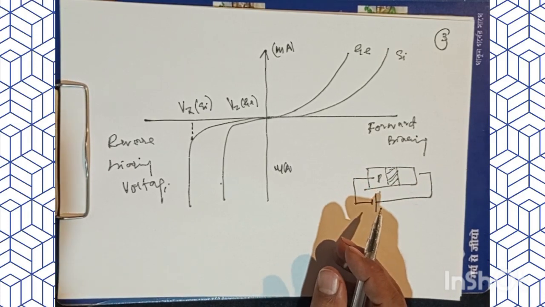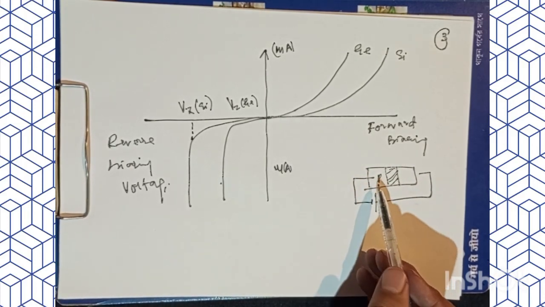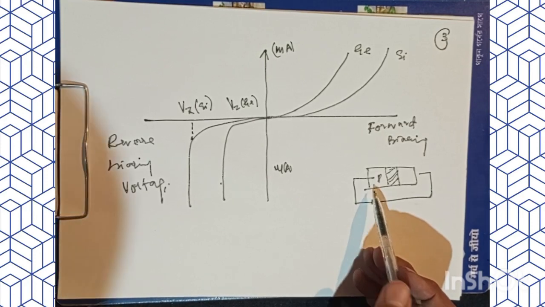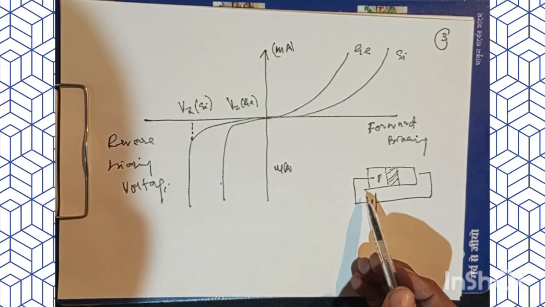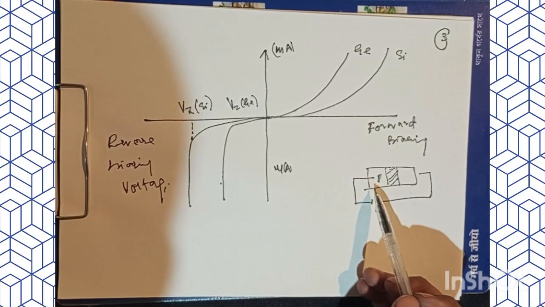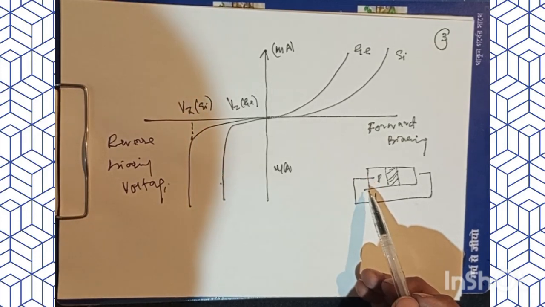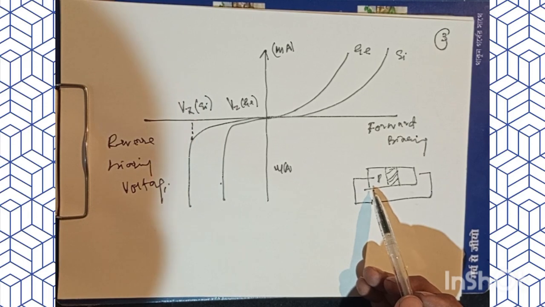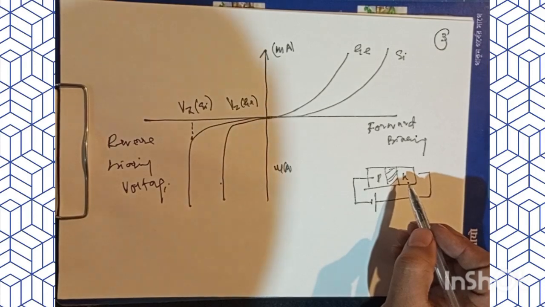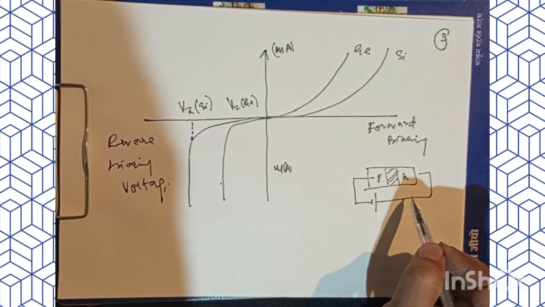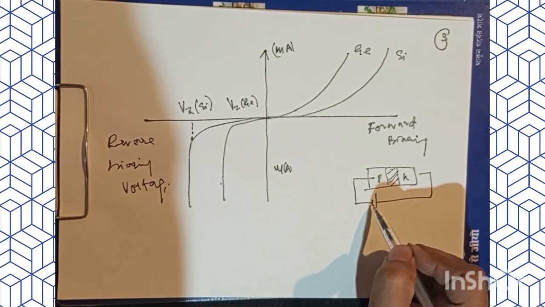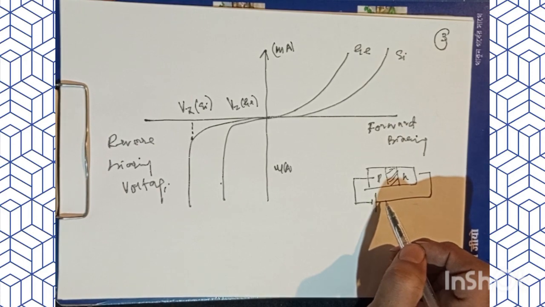In the P region we have minority carriers as electrons, and in the N region we have minority carriers as holes. Thus, electrons flow from the P to N region across the junction, and holes flow from N to P by virtue of the repulsion with respect to the polarity of the battery that has been connected.